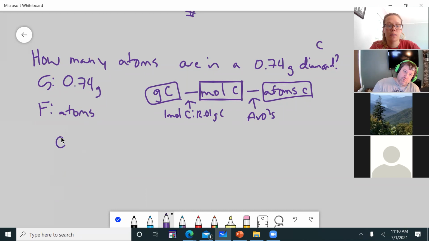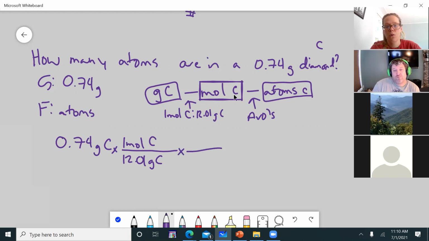So we start with our given 0.74 grams of carbon. I'm going to use the molar mass, and I'm going to put the mole on top, put the gram on the bottom. From there, we're going to convert from moles into atoms. So 1 mole of carbon will yield 6.022 times 10 to the 23rd carbon atoms.